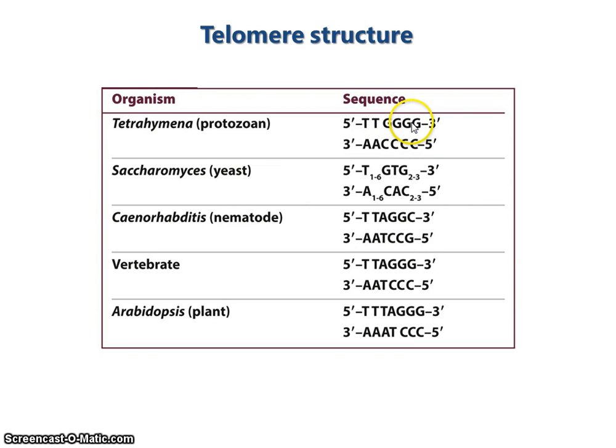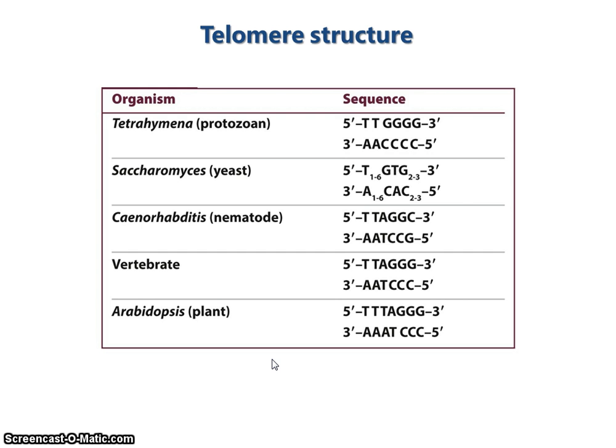The sequence of the telomere repeat varies for different groups of species or taxa, but it is fairly predictable in that these sequences are all fairly similar in their pattern.